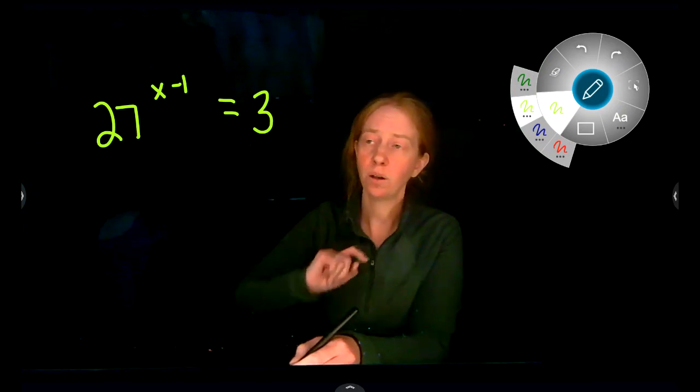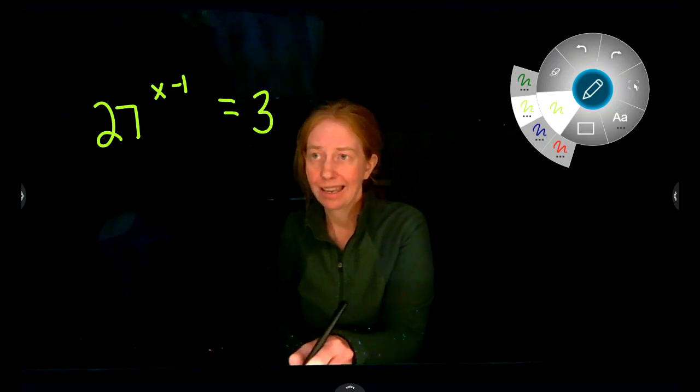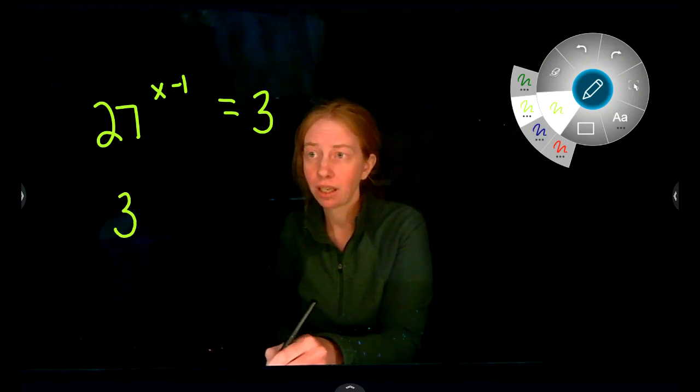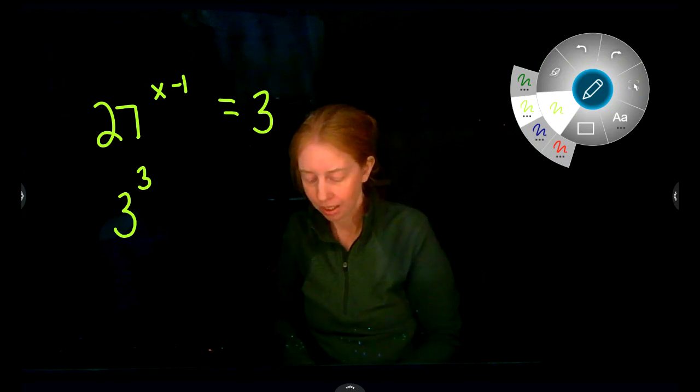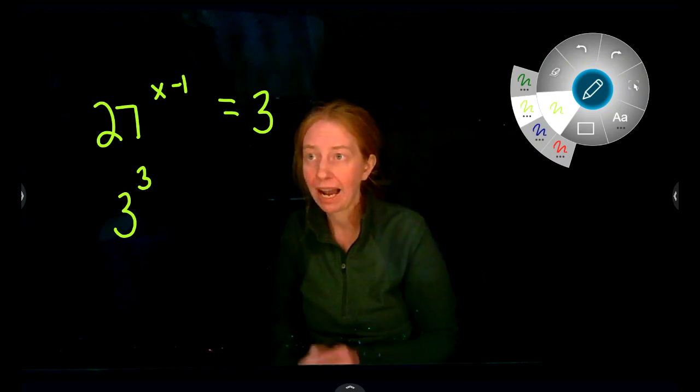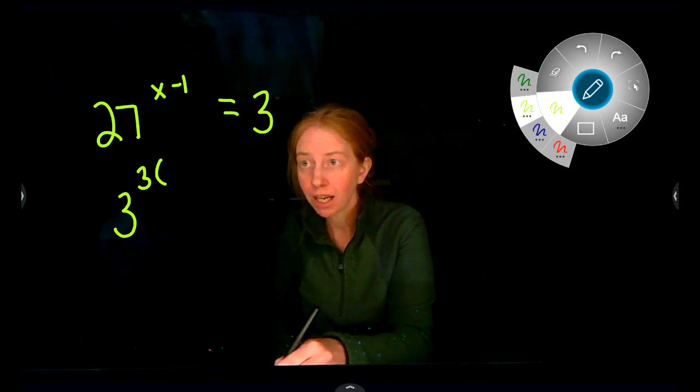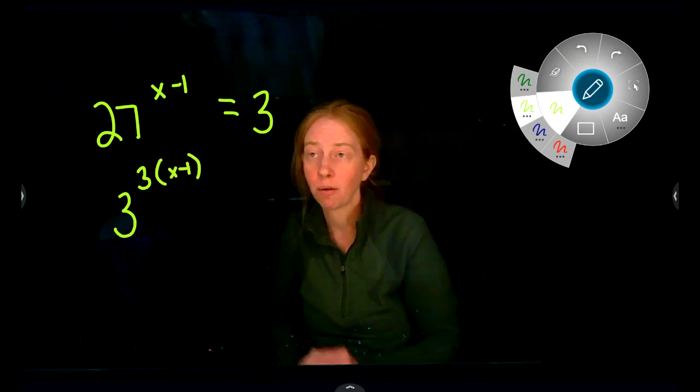But I know that 27 is actually 3 to the third power. And so 3 to the third power, and then multiplied by that x minus 1, because that's how powers work.